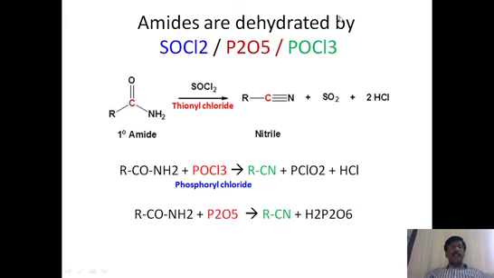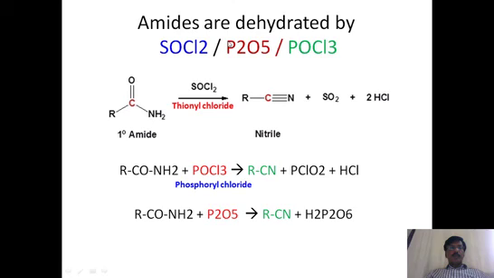Amides are dehydrated by using any dehydrating agent, that means one which can remove water. The reagents are thionyl chloride SOCl2, phosphoryl chloride POCl3, or phosphorus pentoxide P2O5.